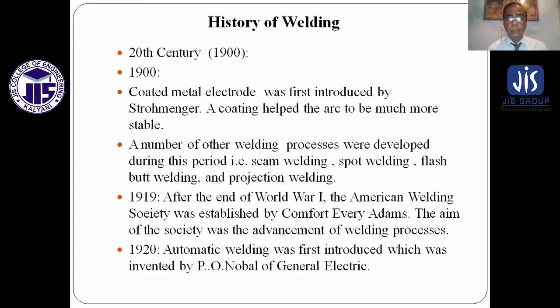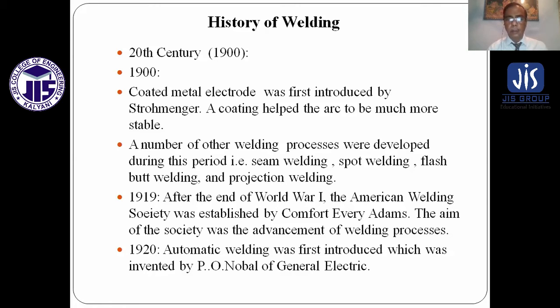A number of other welding processes were developed during this period, that is seam welding, spot welding, flash butt welding, and projection welding. In 1919, after the end of the First World War, the American Welding Society was established by Comfort Avery Adams. The aim of the society was the advancement of welding processes.